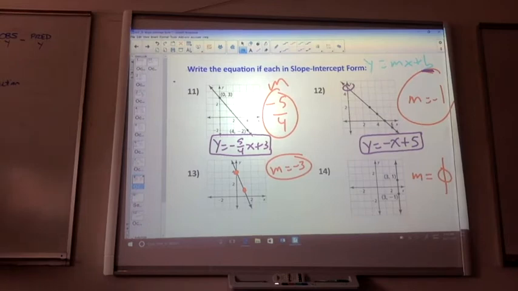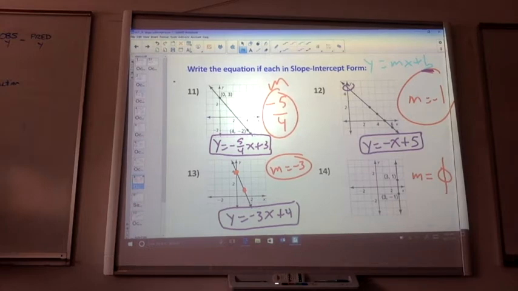What does my y-intercept appear to be on this one? 4. So my equation for this is y equals negative 3x plus 4. If it crossed down here, it'd be a negative here. And then, anyone want to know what this equation is? Horizontal lines are always y equals.